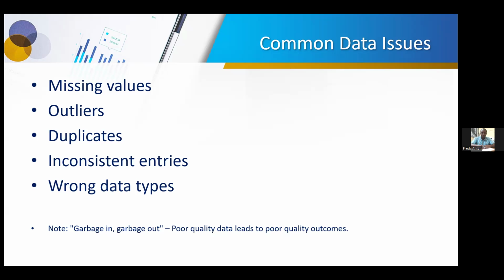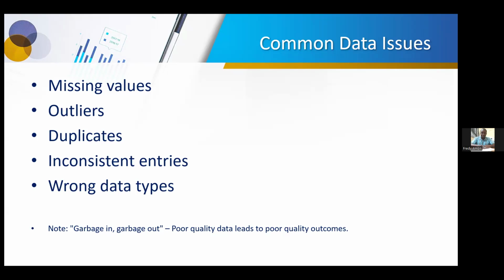And then we will have inconsistent entries. I think we just explained it; it's very similar to outliers. These are entries which are very abnormal for the column. It can be inconsistent in terms of data types, or in terms of what is written not being understood, or the value present not adhering to what was supposed to be there.